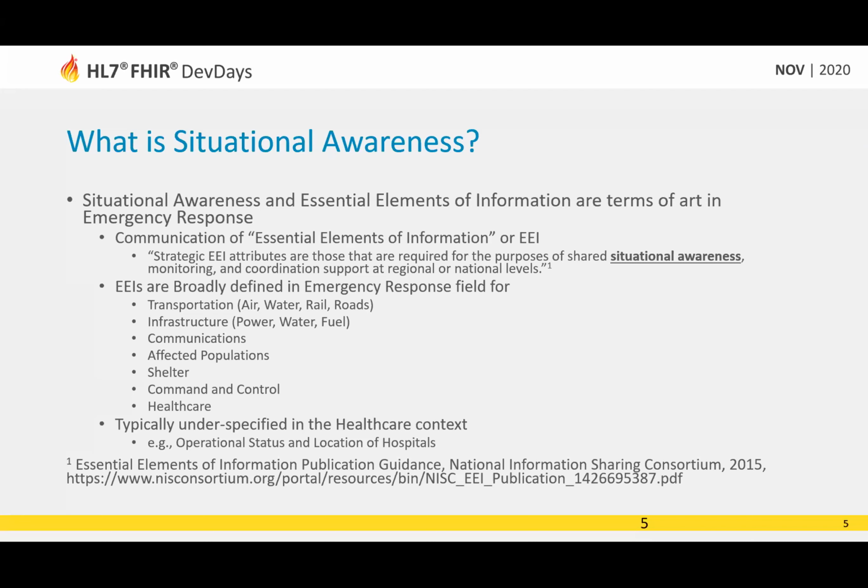And for general emergency response purposes, essential elements of information are about where our hospital facilities are and what their operational status is. Are they taking patients? Are they not taking patients? Are they on diversion? Do they have a helipad? Do they have a burn unit? Very underspecified, especially in the context of dealing with something like the COVID-19 pandemic.